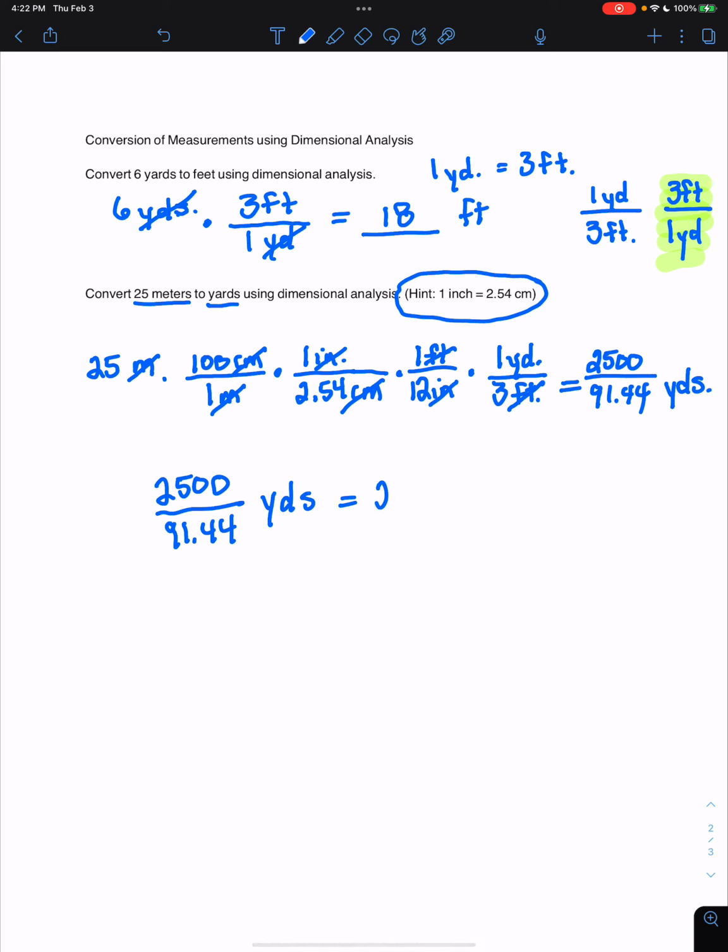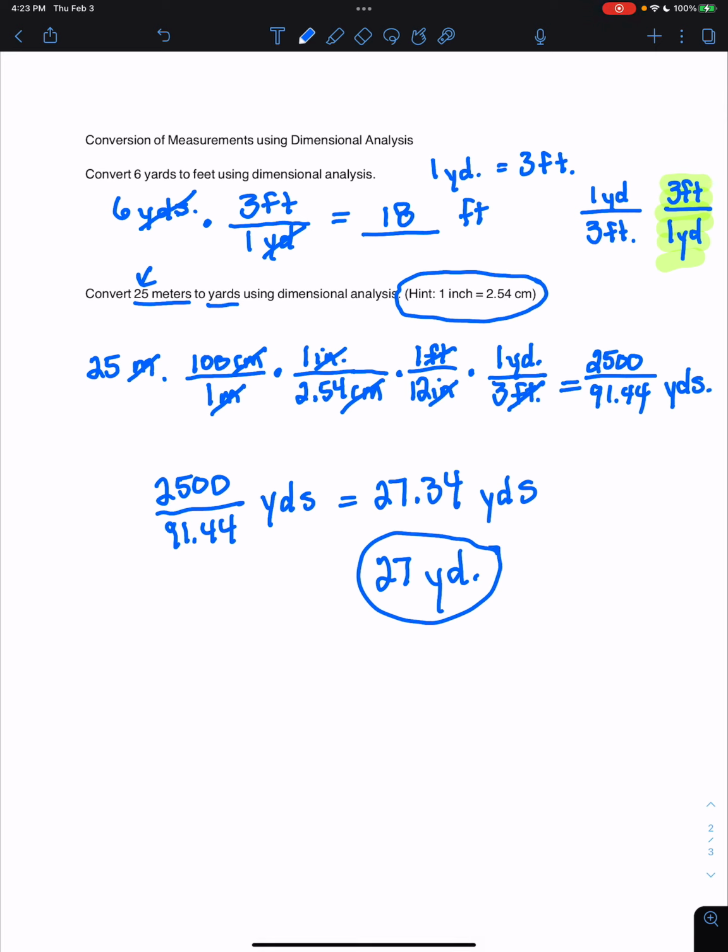And it gives me 27.34. I can use my significant digits, and I'm going to have 2 significant digits because that's how many significant digits I started with over here. So my final answer in yards is 27 yards. So 25 meters is about the same as 27 yards.